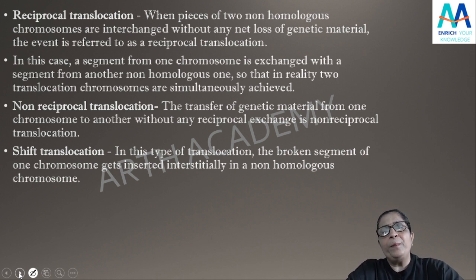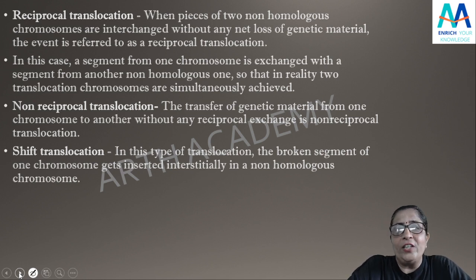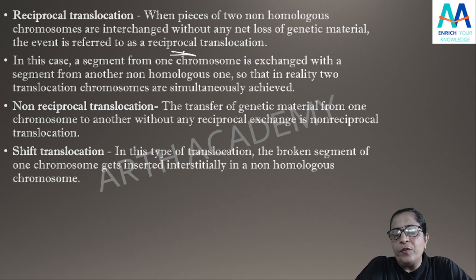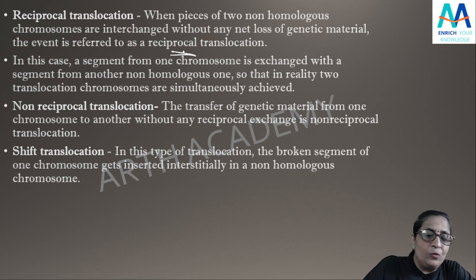Yes, so when a piece of two non-homologous chromosomes are interchanged without any net loss of genetic material, we call it as a reciprocal translocation. Again I am repeating, piece of non-homologous chromosomes, दोनों chromosomes कैसे हैं? They are non-homologous, they are not same students.